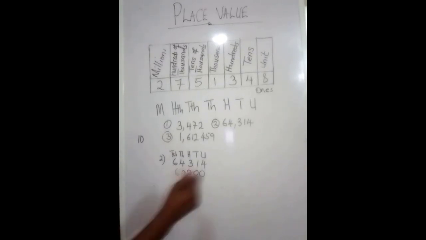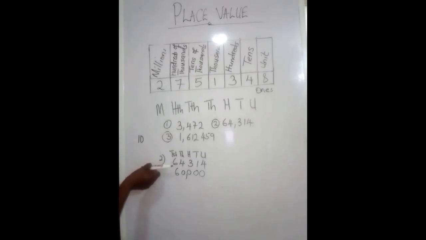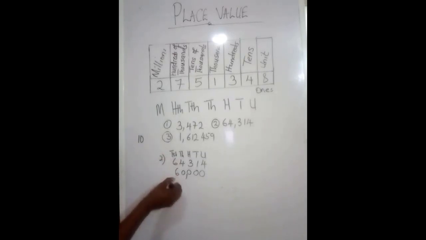Okay, so the place value of 6 in this number is tens of thousands. The place value of 4 is 1,000. The place value of 3 is hundreds. The place value of 1 is tens, and the place value of 4 is units.